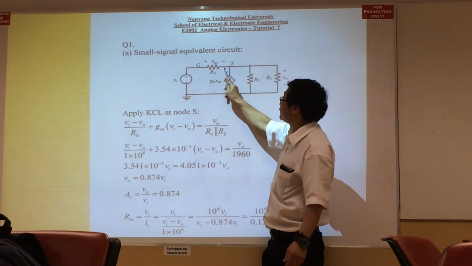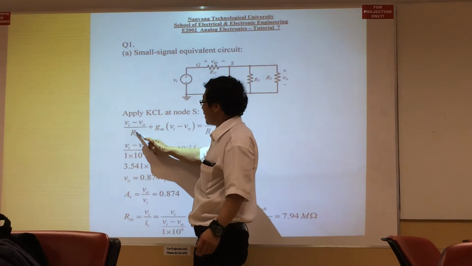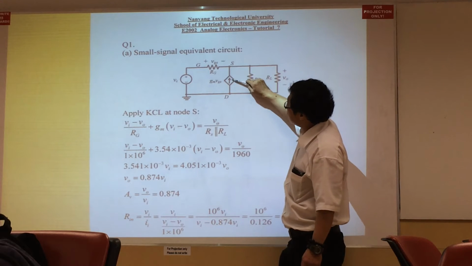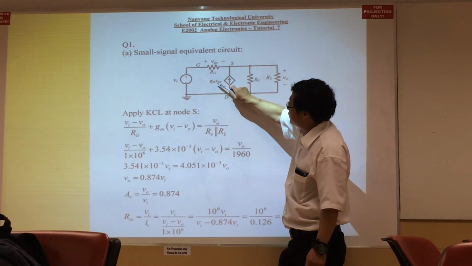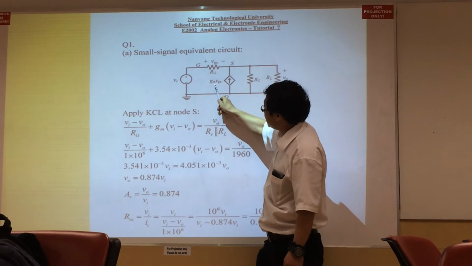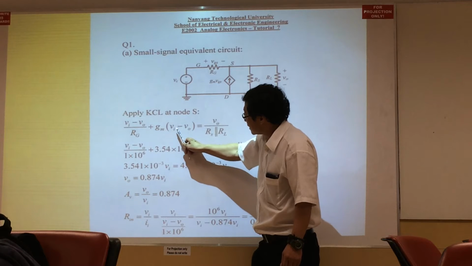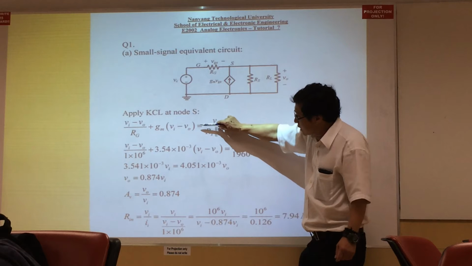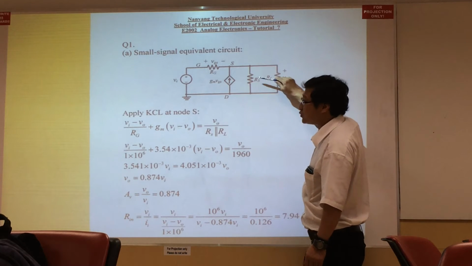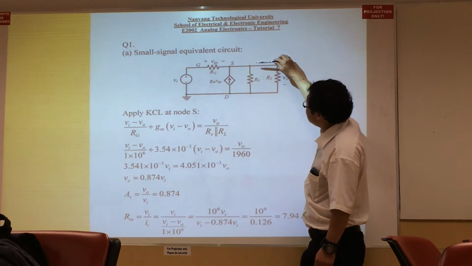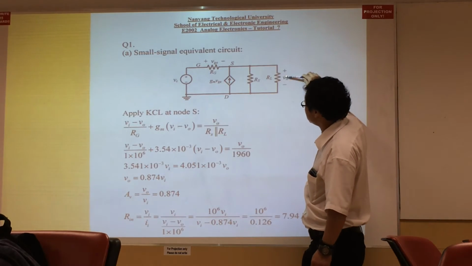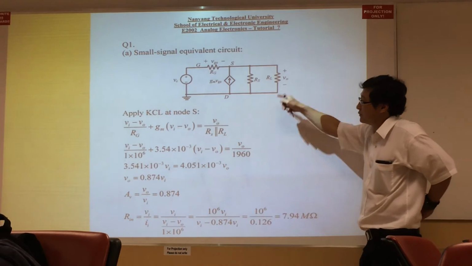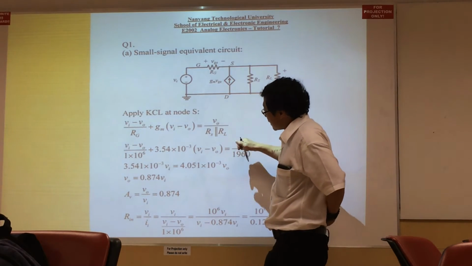Then you have the other current source from the drain to the source, which is gm VGS, where VGS is VG minus VS. So (Vin minus Vout), which is VGS, equals the current flowing through the two resistors, so Vout over the parallel impedance of RS and RL. Once you've done that, you can solve this.